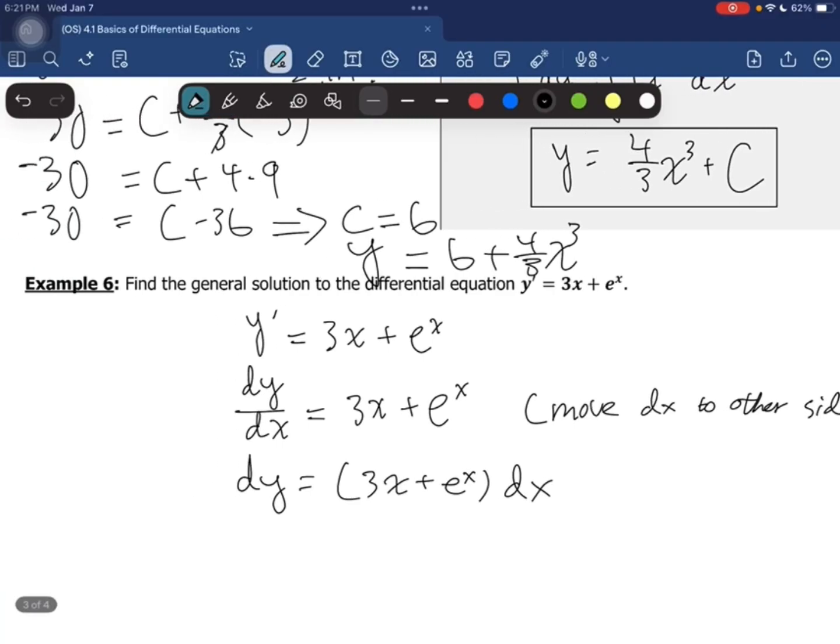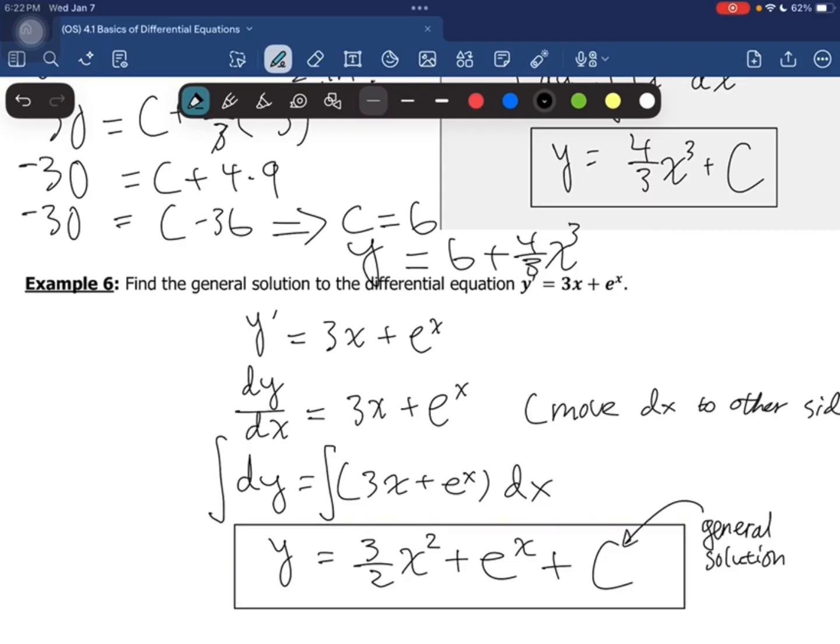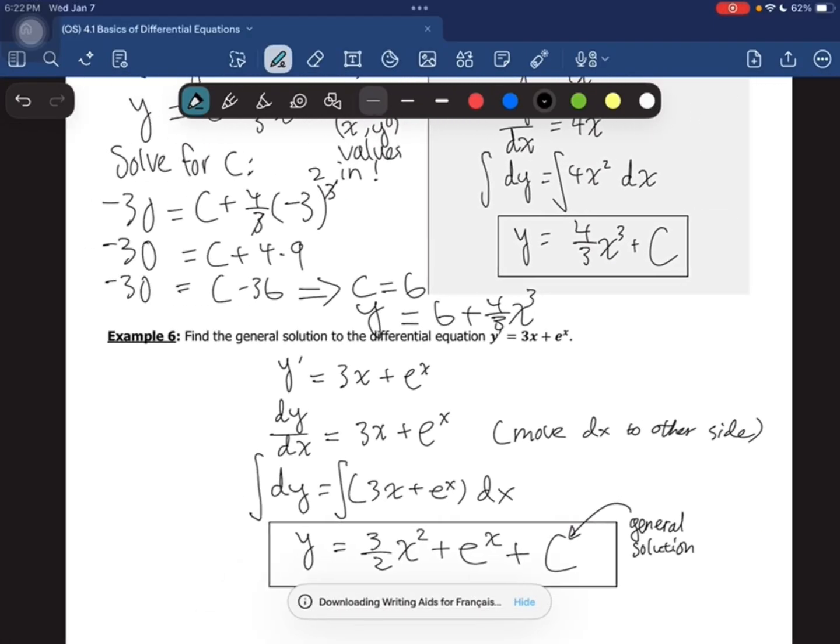And if you integrate this guy to find your general solution, you get y equals 3/2 x squared plus e to the x plus c. Do not forget that plus c. This is our general solution. Yippee! And we are all done for this section.